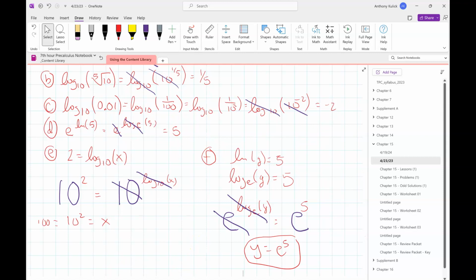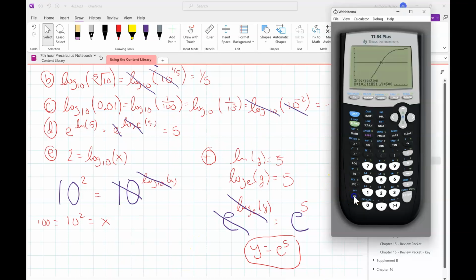Now, remember when I told you that we could type log base 2 of 3 into our calculator? We use the math button, we scroll almost to the bottom, and we get that log base command. So you can do log base 2 of 3. But if I just want log of 3, right here above the on button is the common log. Or if I wanted the natural log of 3, the ln button is right underneath the common log button.